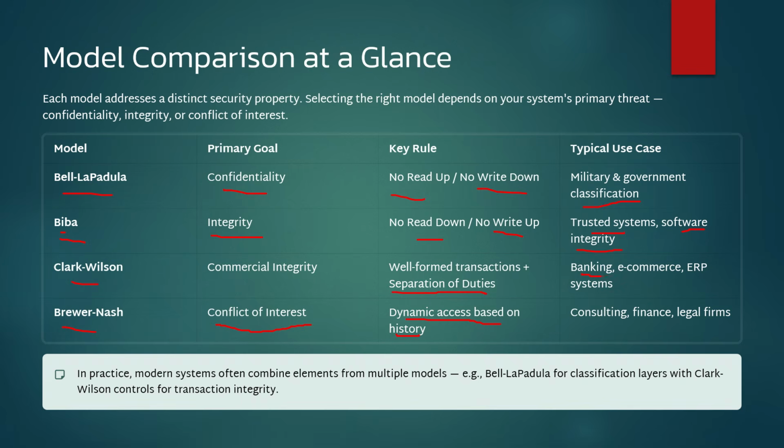Banking is where separation of duties is required. In consulting and finance, conflict of interest needs to be avoided, and that's why they use Brewer-Nash. So LaPadula guards secrets, Biba guards truth, Clark-Wilson guards process, and Nash guards fairness. Together, they form the backbone of secure system design, from defense to finance to enterprise IT.